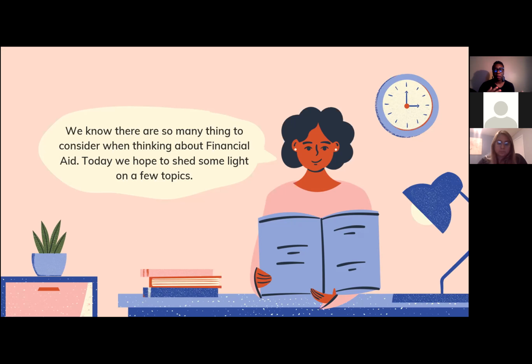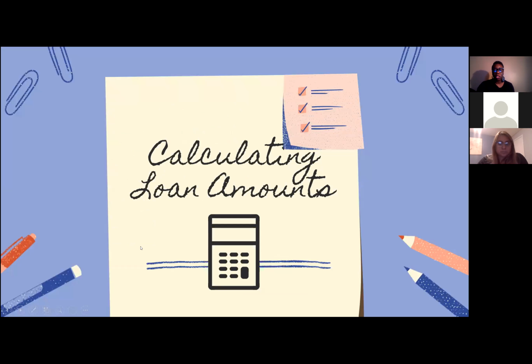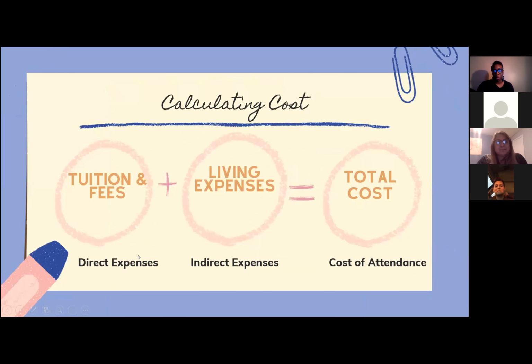And today, as the slide suggests, we hope to shed some light on a few of those topics. So today our focus will be on how much should you take out in loans, understanding interest rates, investing basics, and loan repayment. And so Ms. Lupe will begin the discussion with calculating a loan amount.